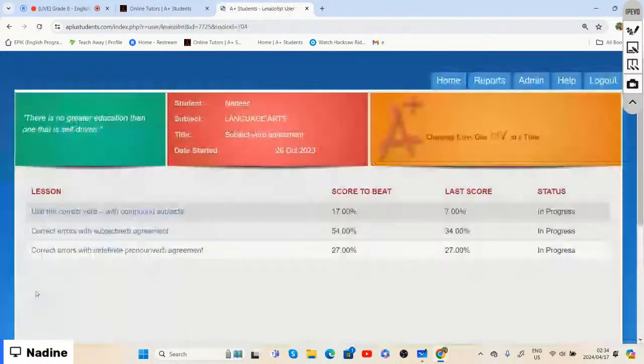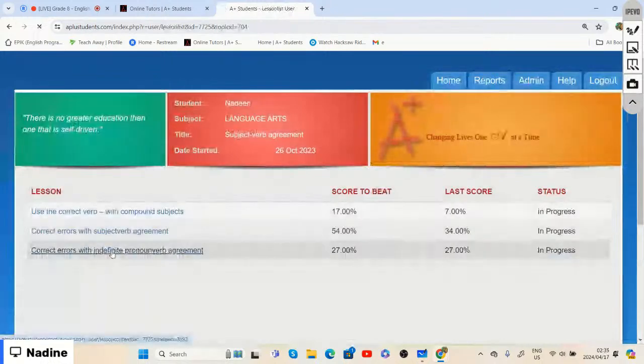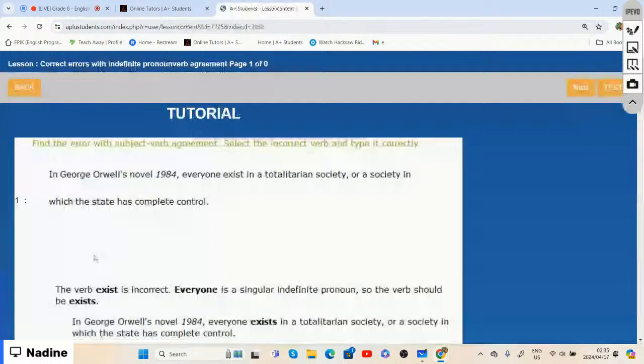All right, so now we're going to correct the indefinite pronoun verb agreement.